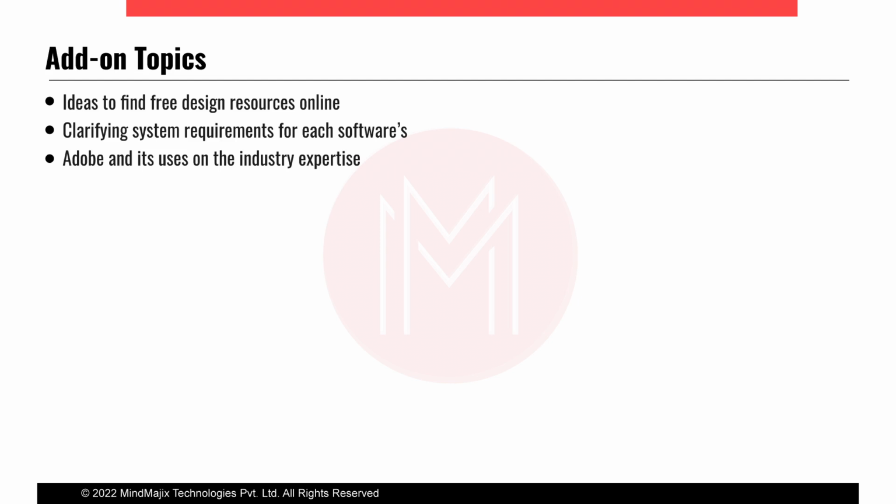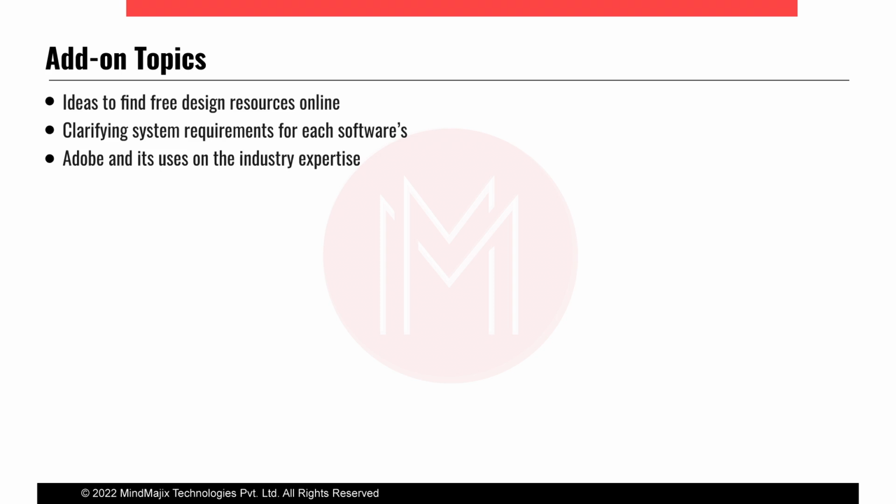For example, Adobe Photoshop is mostly used in ad agencies, advertising agencies, and Adobe Premiere Pro and After Effects are used throughout news channels. Wherever you see news channels, that Adobe After Effects tool is being used.